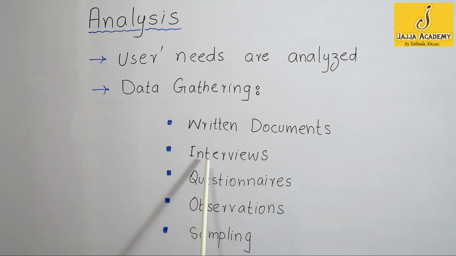In the next technique, interviews, the software team can interview users to get to know about their requirements. In the third technique, questionnaires, a questionnaire is a document on which some questions are asked from users to which they have to answer. From those answers, the requirements of users are analyzed.